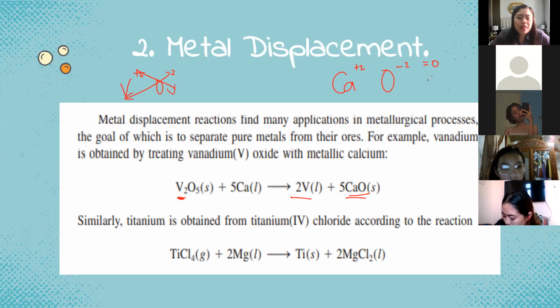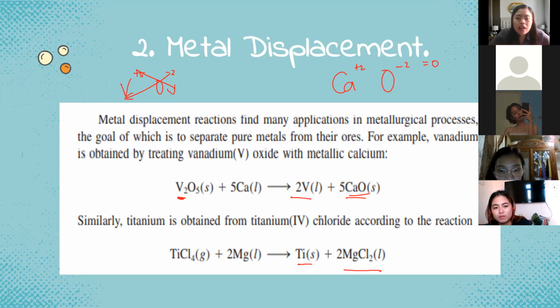Now, that is similar also to titanium chloride. If they want to get a pure titanium, they will have magnesium. Magnesium is more reactive than titanium, so it can really replace titanium in the compound. So thus you have there the magnesium chloride. Again, titanium will be displaced.